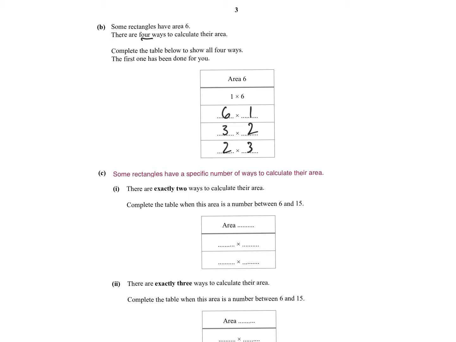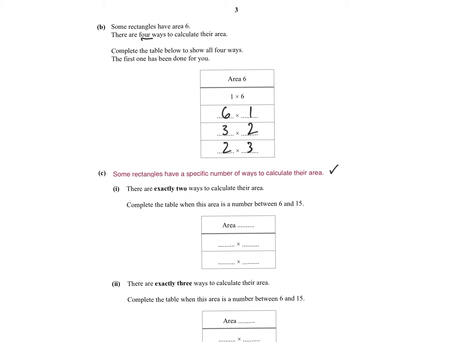Question C. Some rectangles have a specific number of ways to calculate their area. Now the question is going to switch and speak specifically about how many ways it's possible to calculate area. There are exactly 2 ways to calculate their area. Complete the table for any rectangle whose area is between 6 and 15. So now we have to think about which numbers between 6 and 15 will only have 2 ways to calculate area.